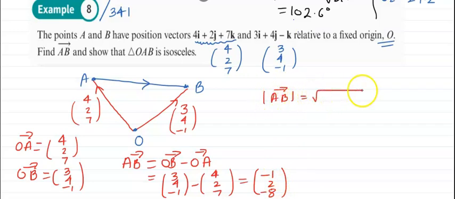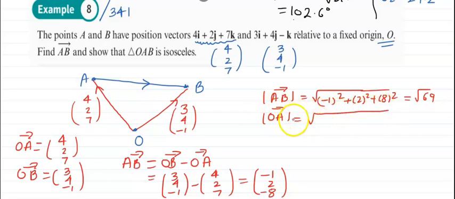Now you need to find modulus of AB vector here, because we want length. So modulus of AB will be minus 1 square plus 2 square plus 8 square, and once we simplify it, it will be root 69. Similarly, we find modulus of OA.